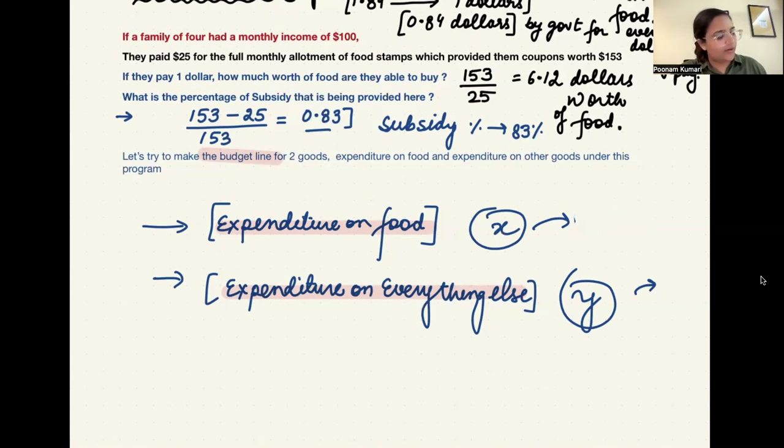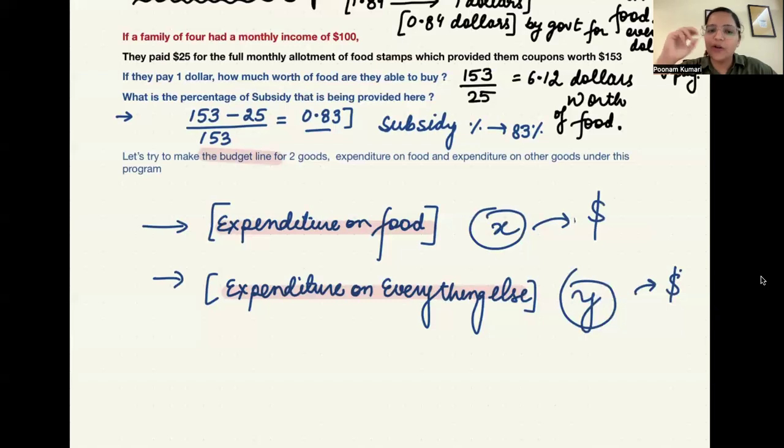Okay, dollar. ठीक है? Fine. Yes, ma'am. So what is the price of $1 expenditure on food? 1. Right?